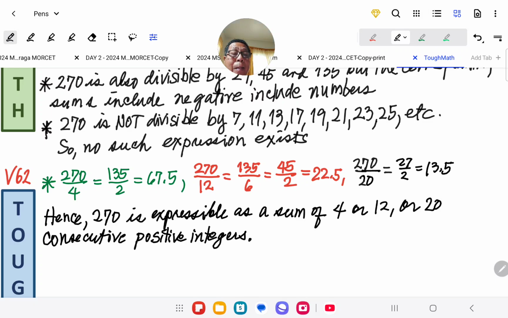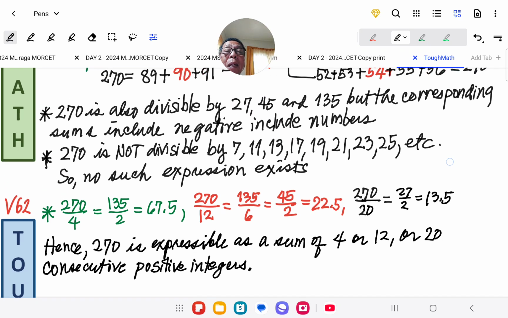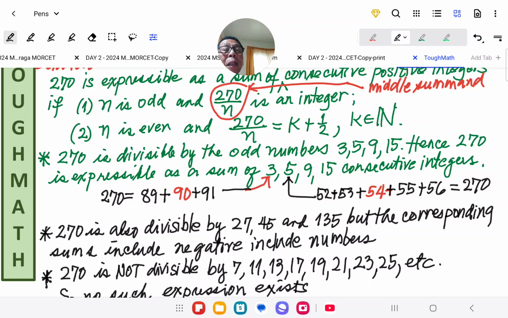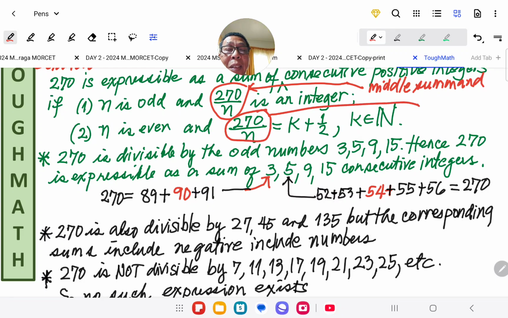And I would like to add that because they are expressible, when n is even and the second condition is satisfied, 270 divided by n is actually the average of the two middle summands.